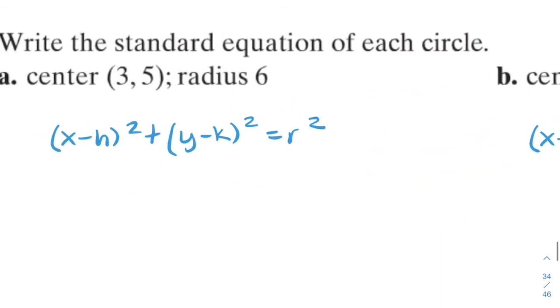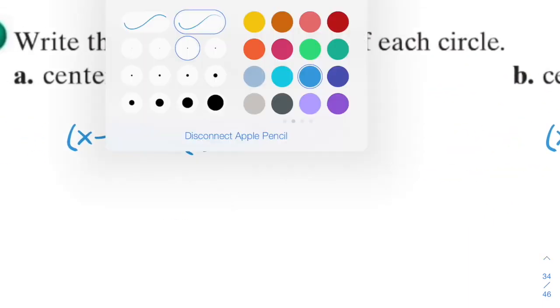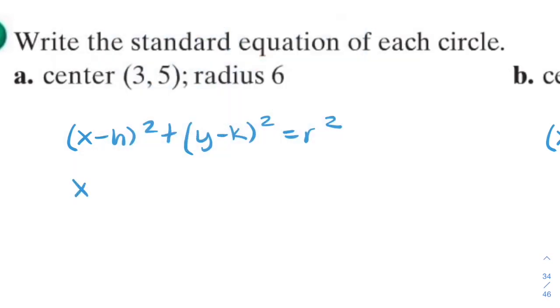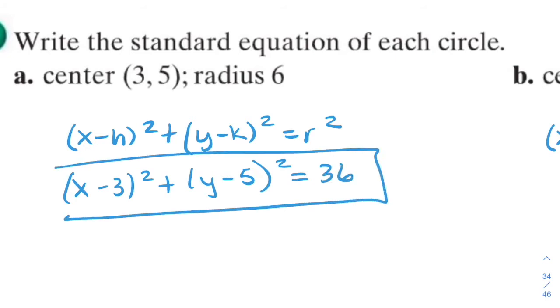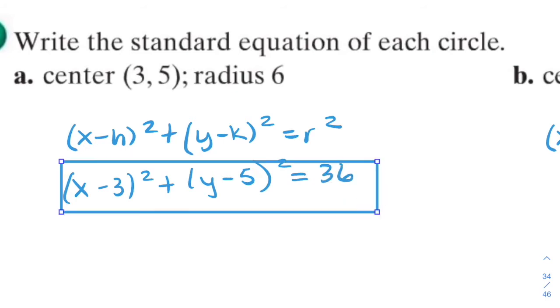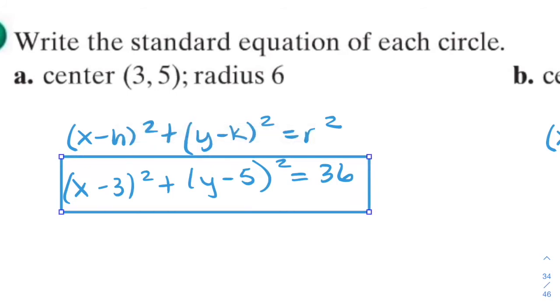Okay, so I would do (x minus 3) squared plus (y minus 5) squared equals 36, because I want to square my r, and I am done. That's it.